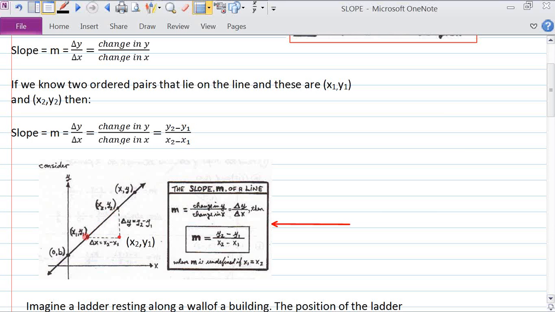Given that we know the values of x2, y2, and x1, y1, then go back to the definition of m, which is the slope, change in y over the change in x. It's y2 minus y1 over x2 minus x1. So right over here, we take the y values, y2 minus y1, and divide by x2 minus x1.